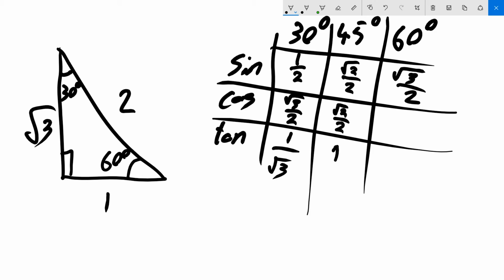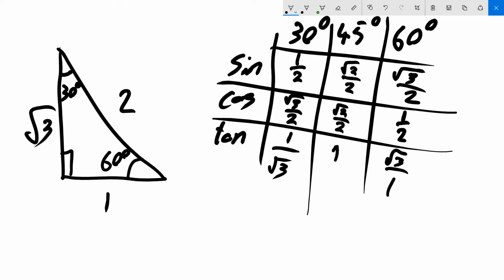Cosine of 60 is the adjacent divided by the hypotenuse, 1 over 2. And tangent of 60 degrees is opposite, root 3 over 1, which is just root 3, but let's write the 1 for now. So these are our exact values.